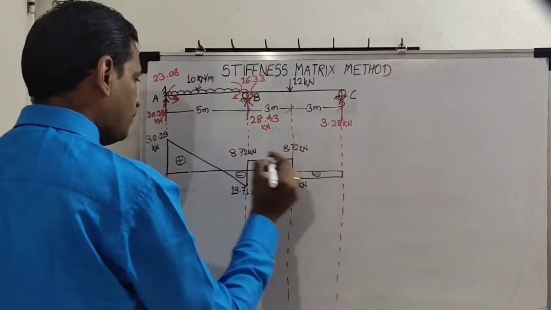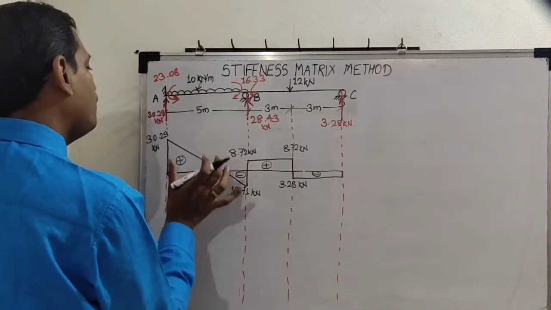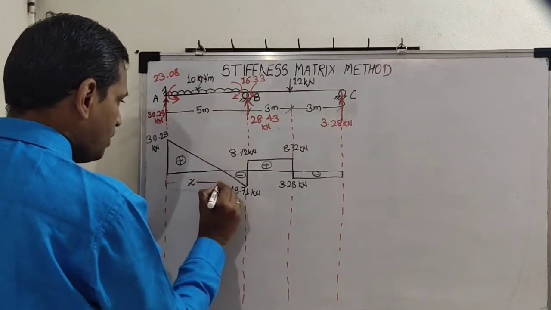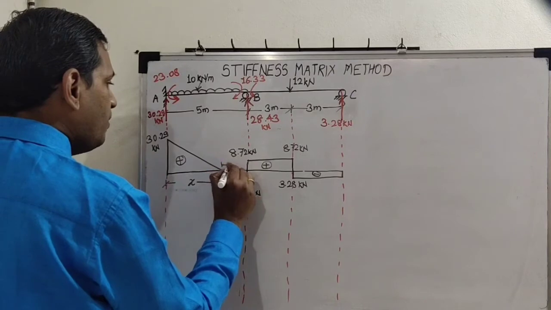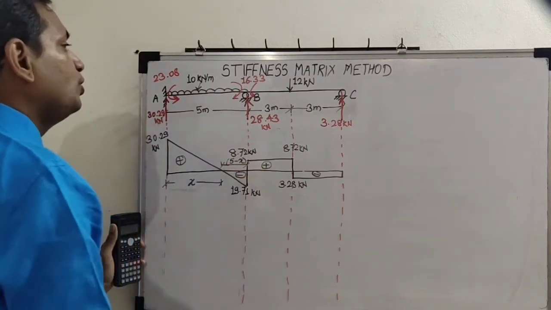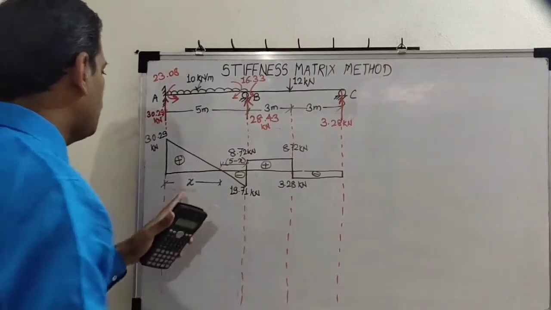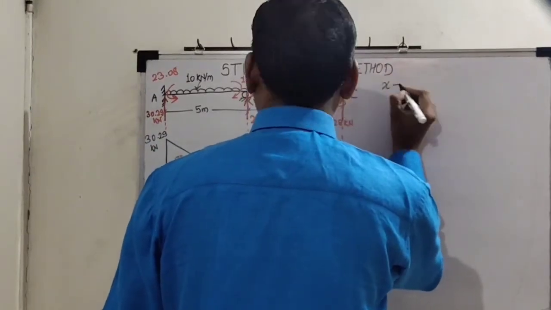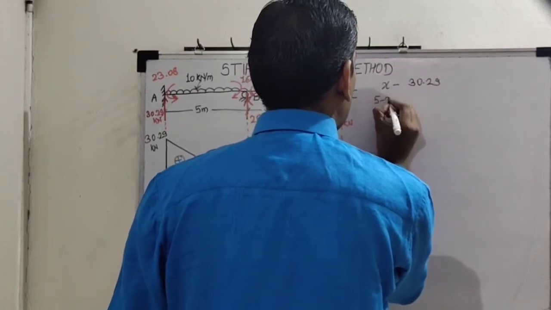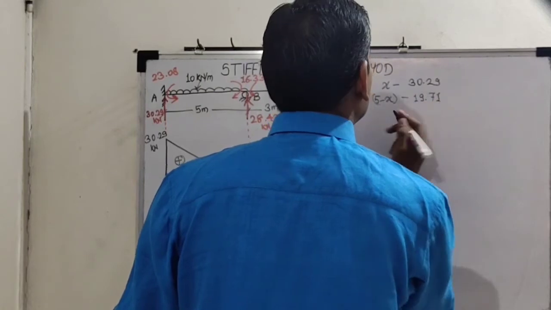So we have got the locations of zero shear force. However, this distance is unknown. So let us first of all find this distance. So this is x from here to here, and this is 5 minus x. Using similarity of triangles, we will get these two distances. For x we have the 30.29 value. For 5 minus x we have the 19.71 value.